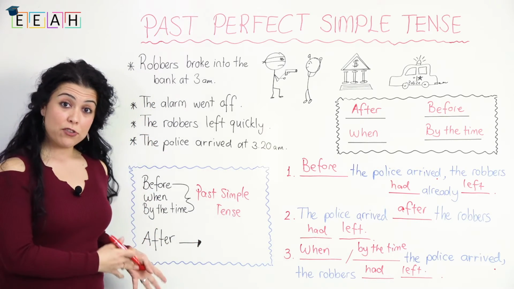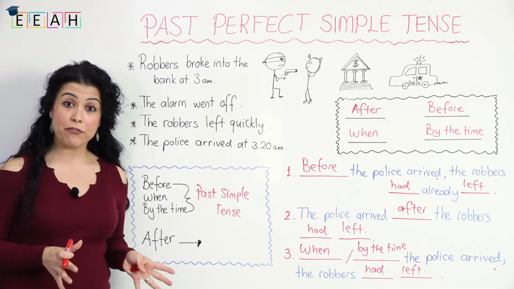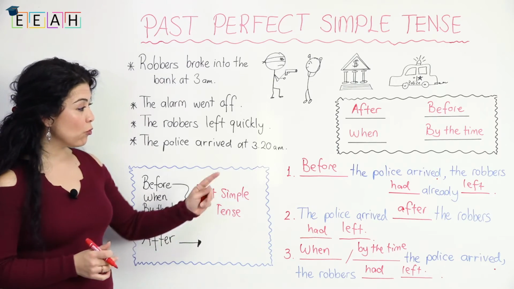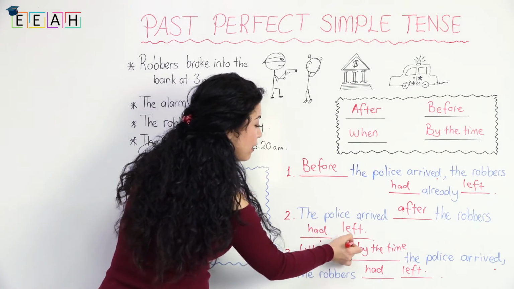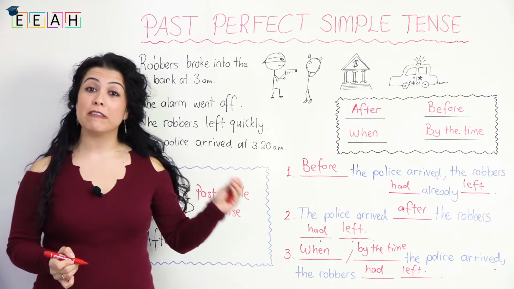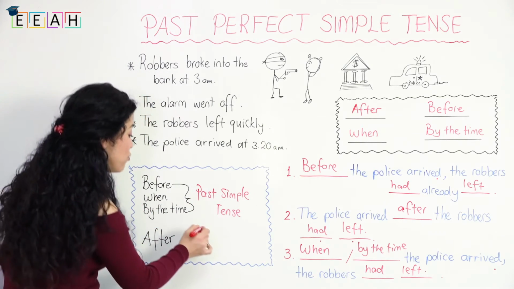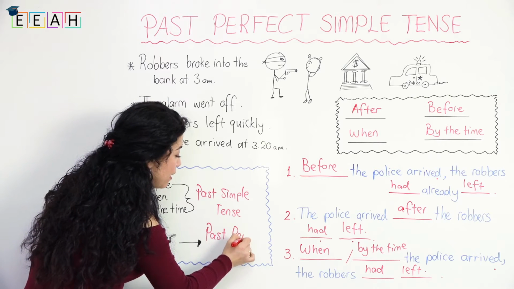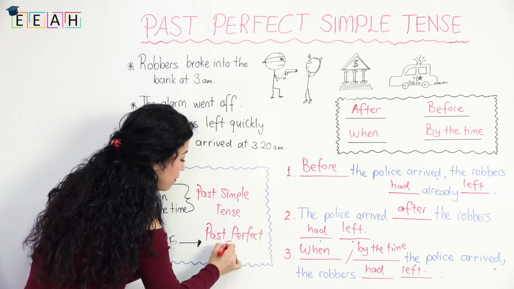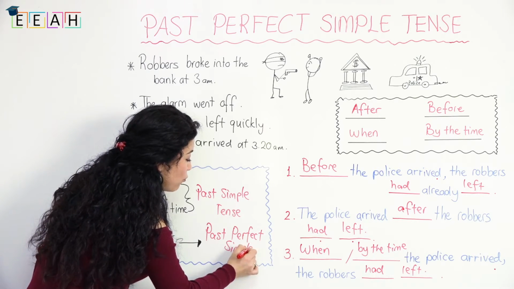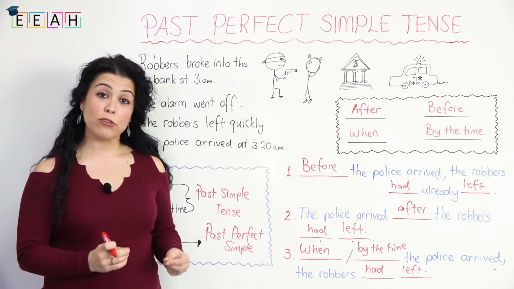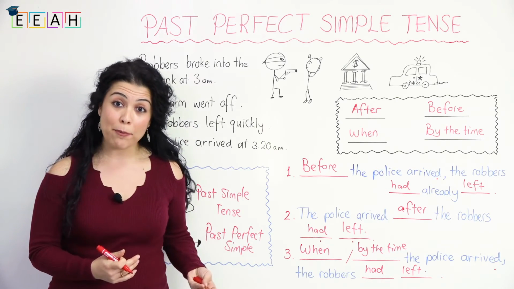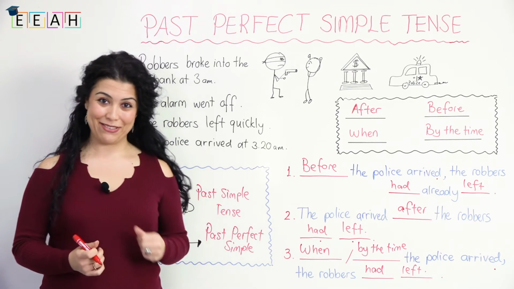With after, on the other hand, the situation is slightly different. We use what? Look, had left. Past perfect simple after. The conjunction after, okay? Past perfect simple.